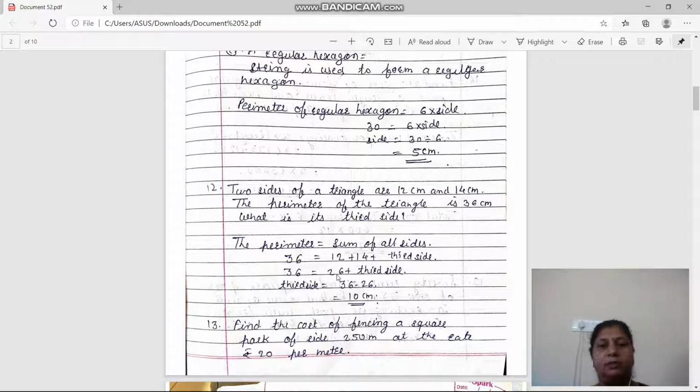So 36 is equal to 26 plus third side. So third side is equal to 36 minus 26, which is 10 centimeter. Clear everyone? Two sides of a triangle and the perimeter are given, so we can calculate the third side using the formula. Okay, now let's see the 13th example.